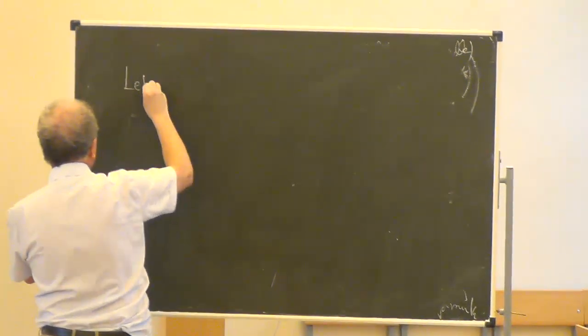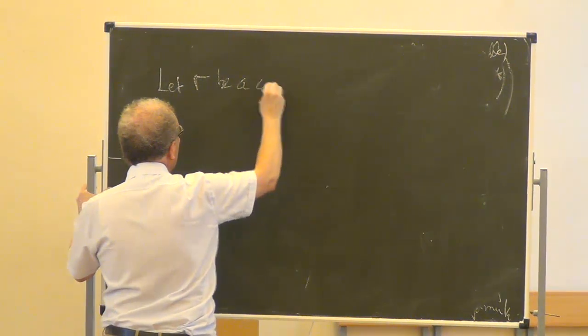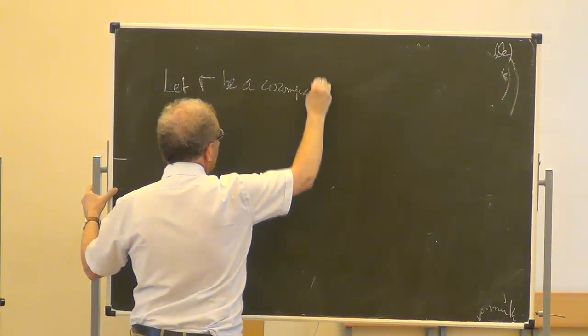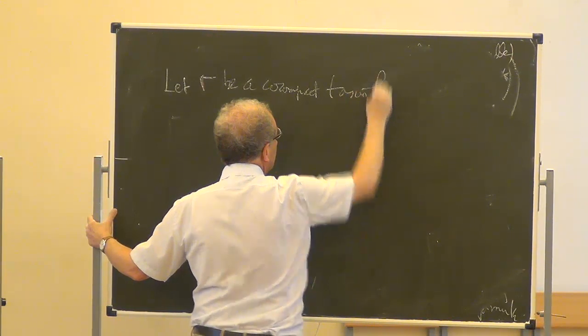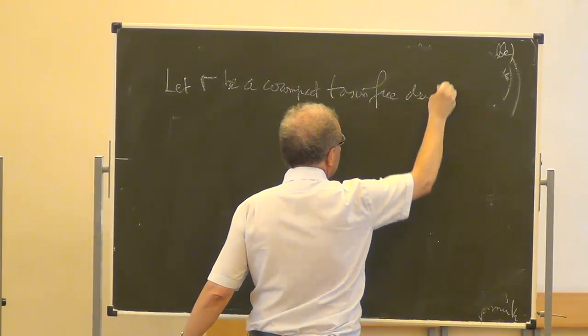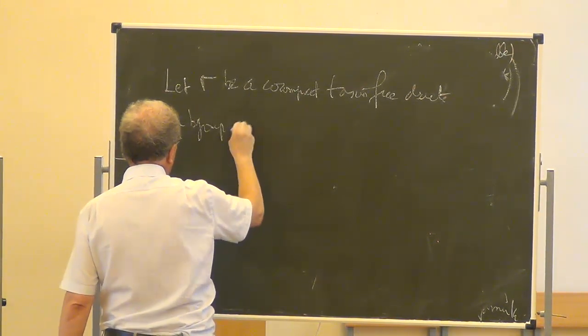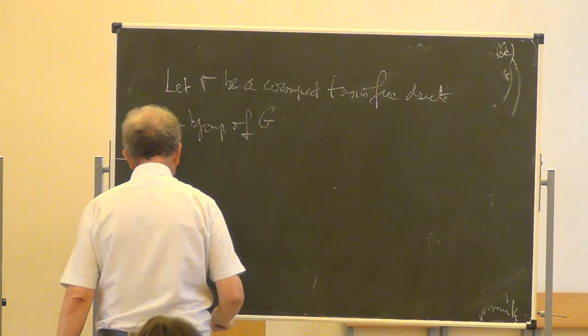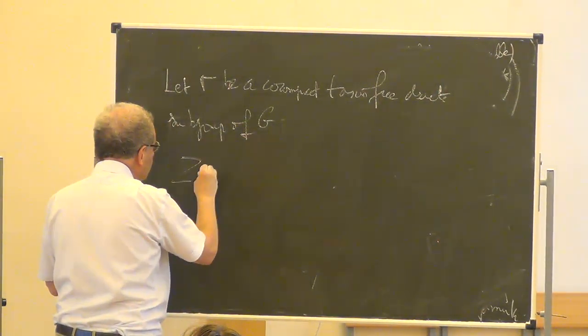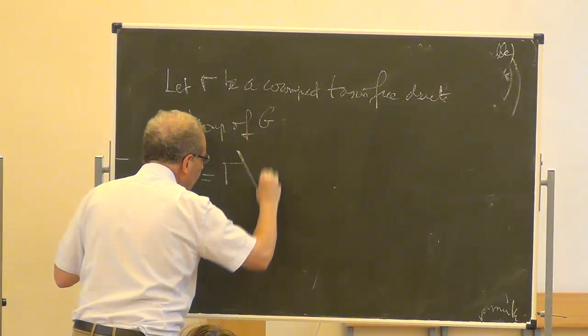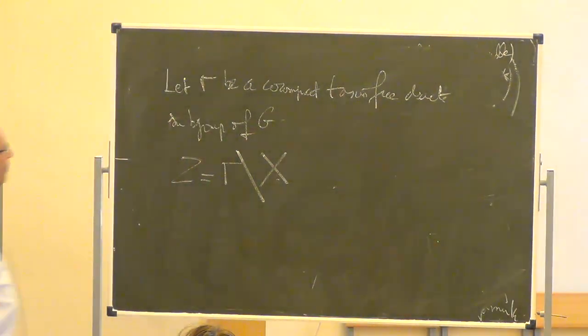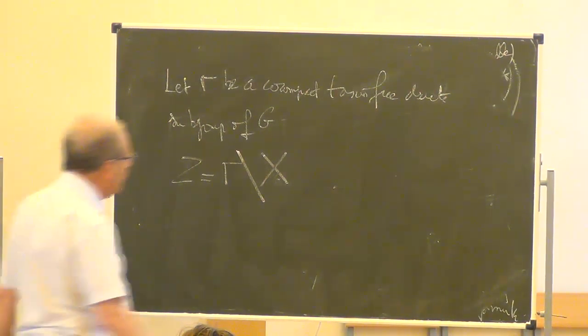Let gamma be a co-compact, torsion-free, discrete subgroup of G. In this case, you can form the quotient Z equals gamma backslash X. This is because the group G acts on the left on the symmetric space, so we can form the quotient, and this will be a smooth compact manifold.